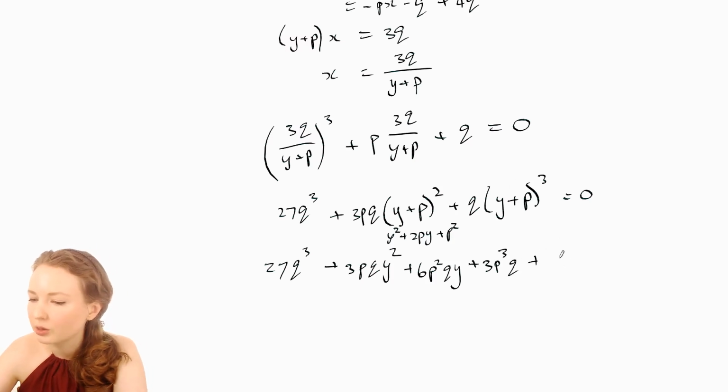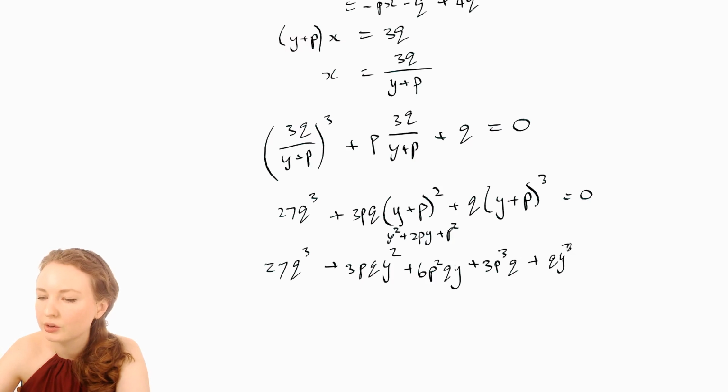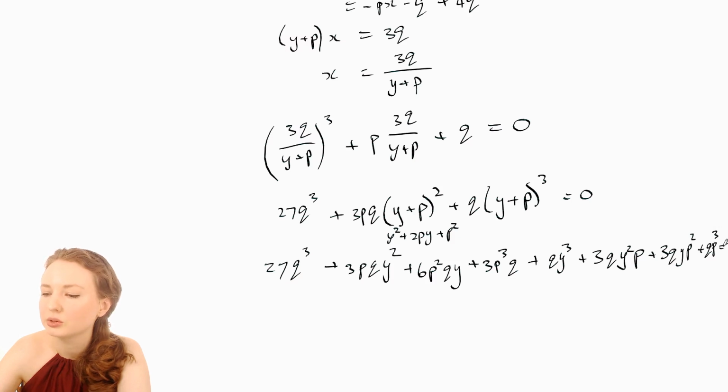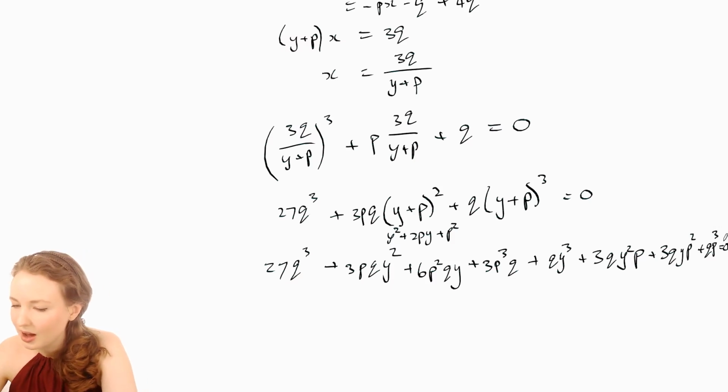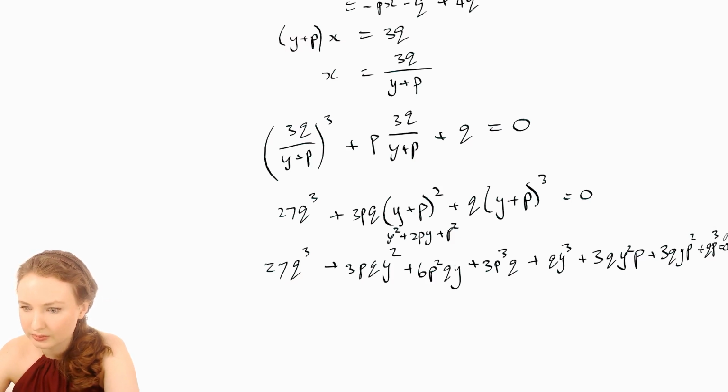And then over here we've got qy cubed plus 3qy squared p plus 3qyp squared plus qp cubed. That equals 0. And then we just need to simplify this.